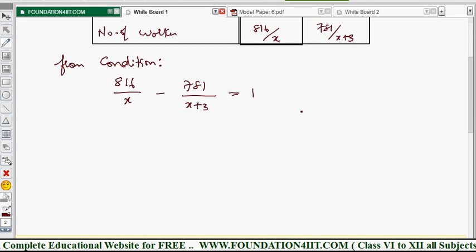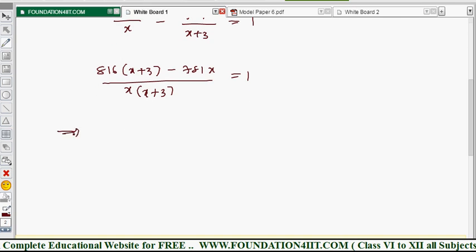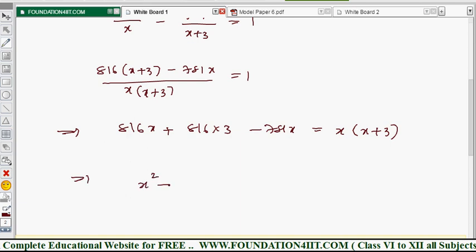Now this equation, if we solve, we will get the value of x. So by taking LCM, x into x plus 3, we multiply: 816 into x plus 3 minus 781 into x is equal to x into x plus 3. So 816x plus 816 into 3 minus 781x is equal to x square plus 3x.